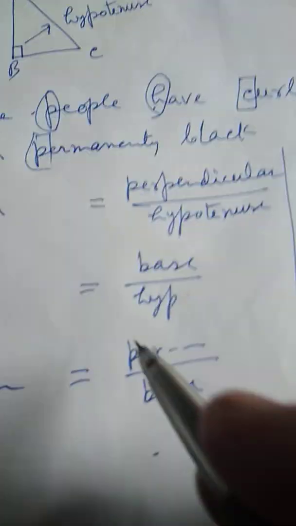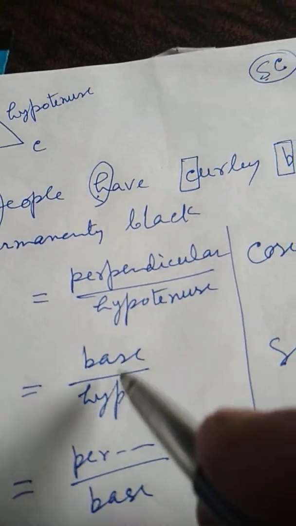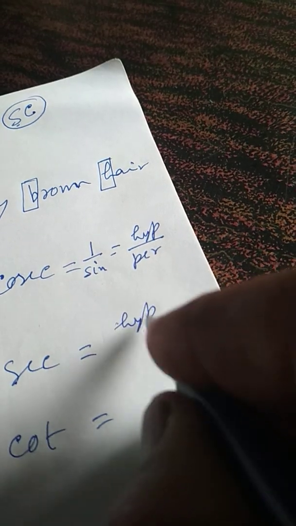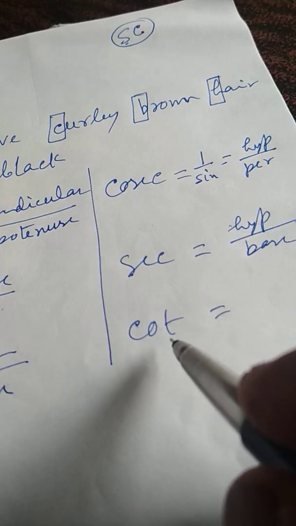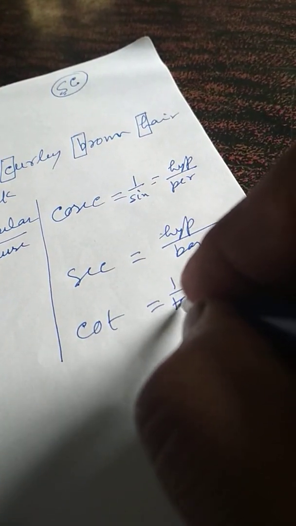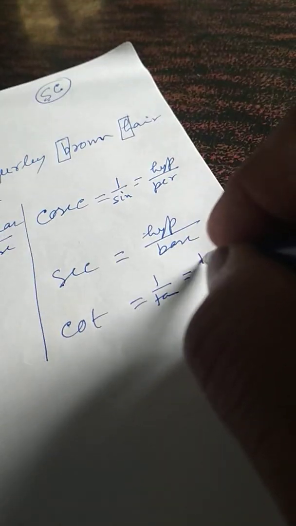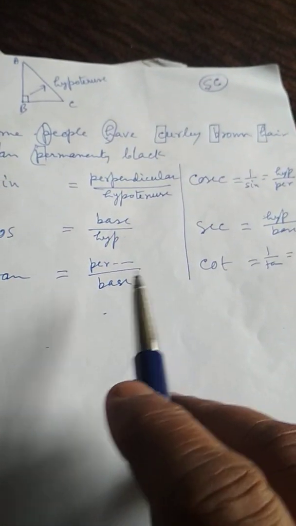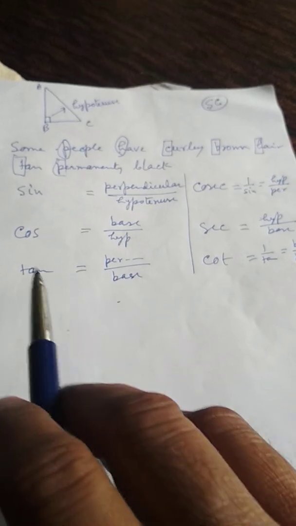Sec, opposite means reciprocal of cos, that is hypotenuse by base. And remaining is cot, that is also reciprocal of tan, 1 by tan, that is base by perpendicular.